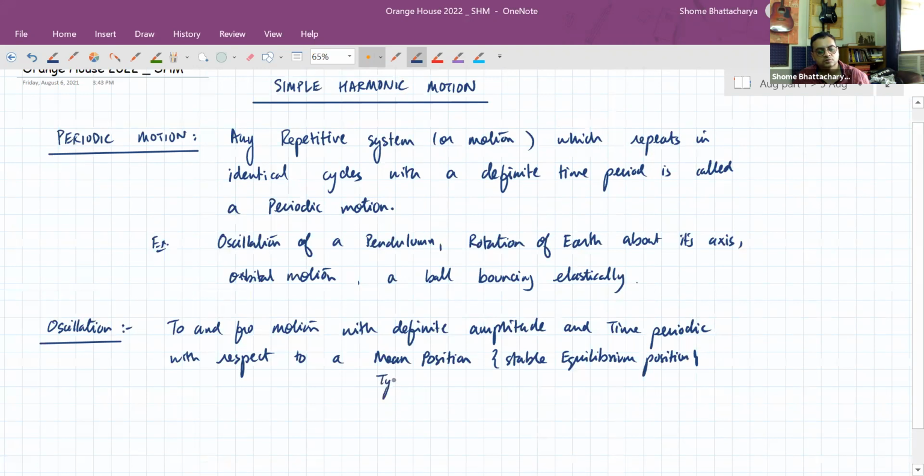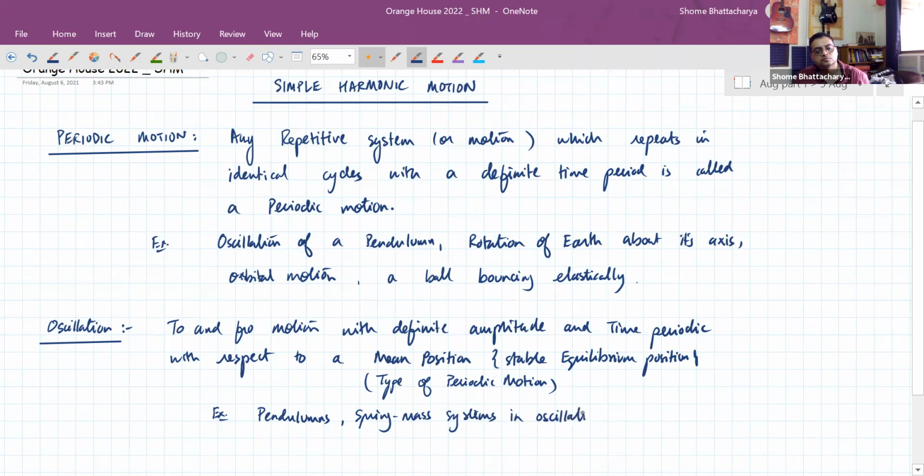So it is a type of periodic motion. So many examples of oscillations.